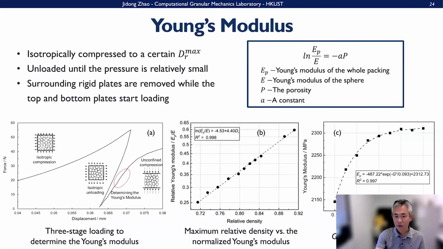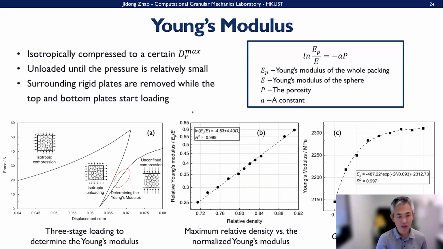We also look at the overall Young's modulus. Here the Young's modulus is not of the individual particles, so we distinguish two Young's moduli: one is of the individual powder grains, and the other is of the overall assembly.